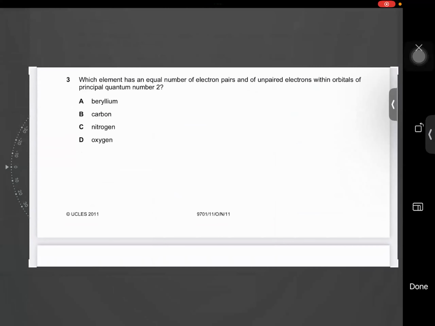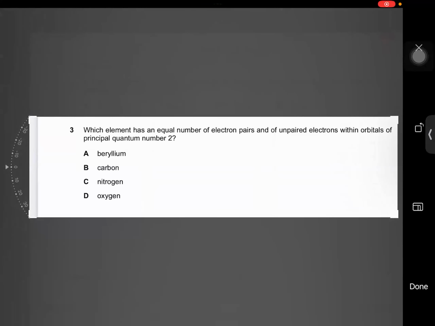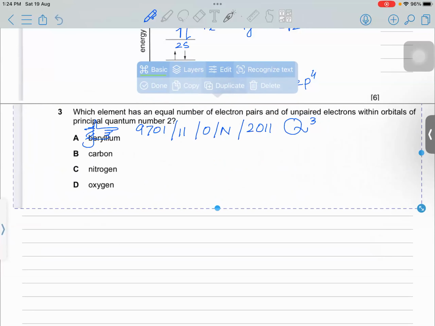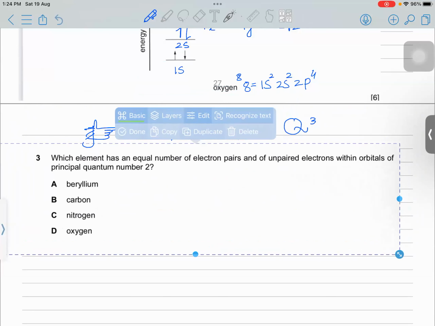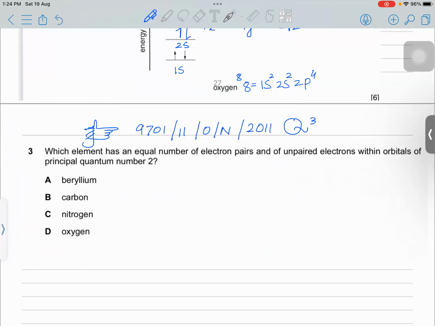Which element has an equal number of electron pairs and unpaired electrons within orbitals of principal quantum number 2?